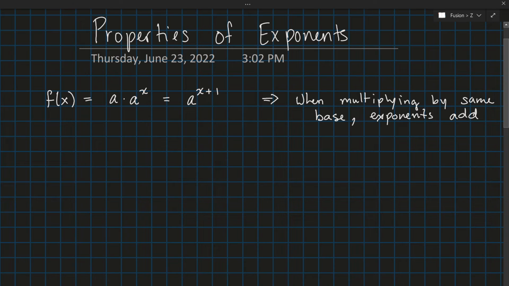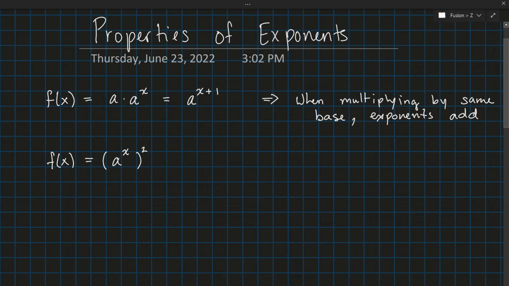Okay. There's another rule that says if you have something like this, so you have a to the x and then squared like that, what happens to the exponents? Did they also just square? Or like, not square, but like multiply by itself? They do multiply, yeah.